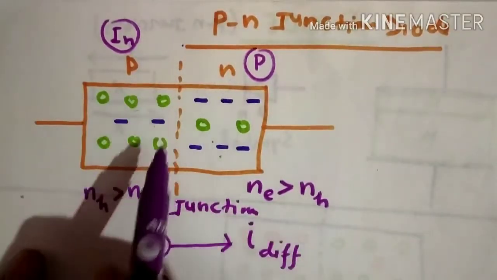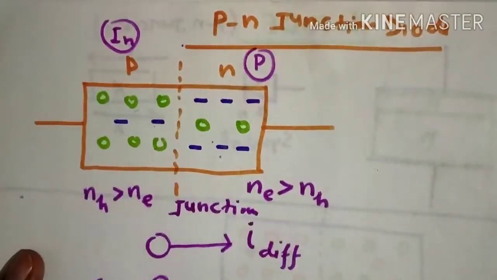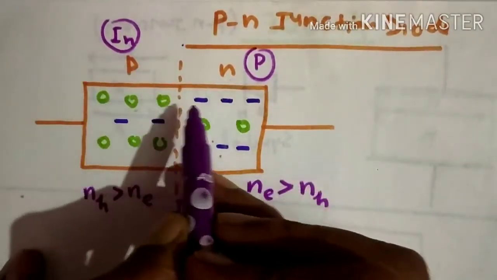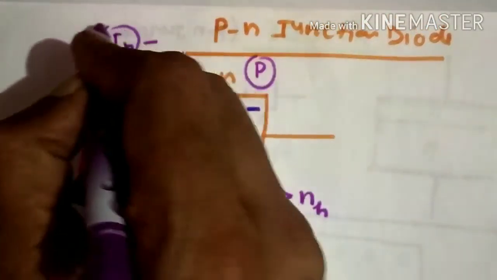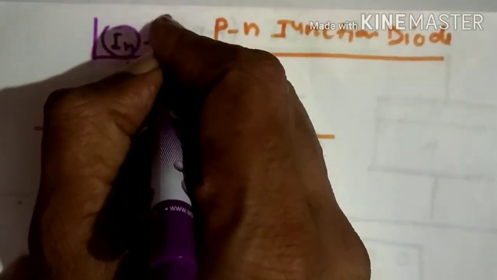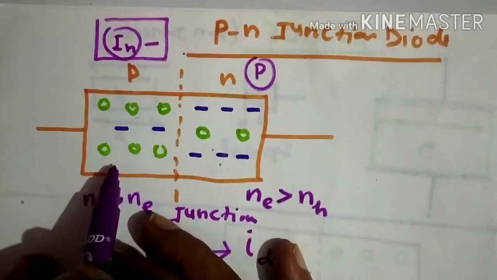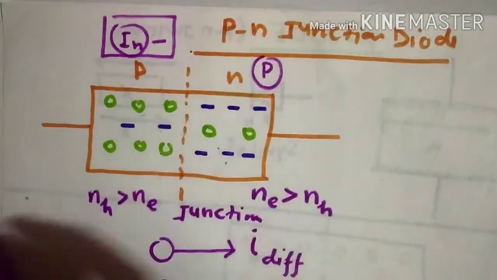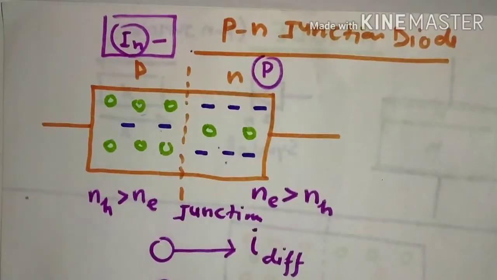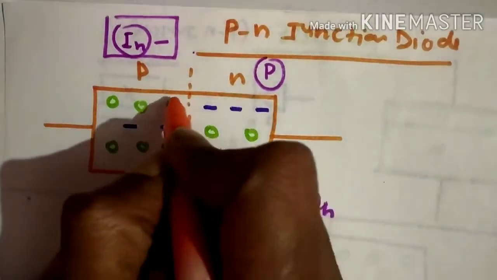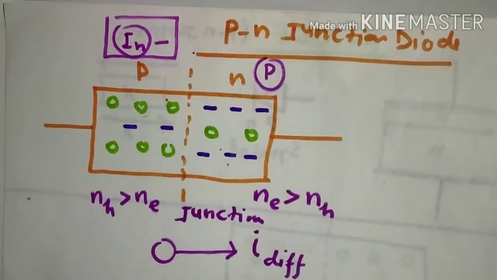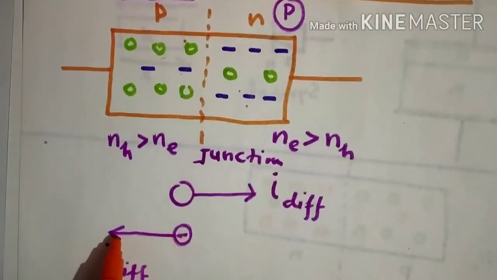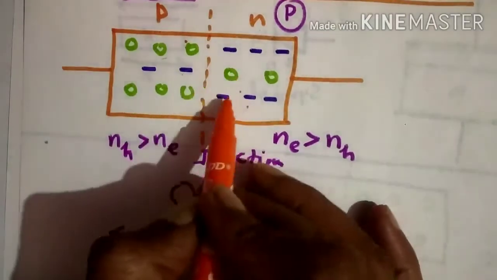to form an extrinsic semiconductor of category P type, and when this indium receives the electron from anywhere, this indium converts into the negative core. So the dopant of this region will convert into a negative core. Just see, the diffusion of electrons is taking place in this direction from here to here.